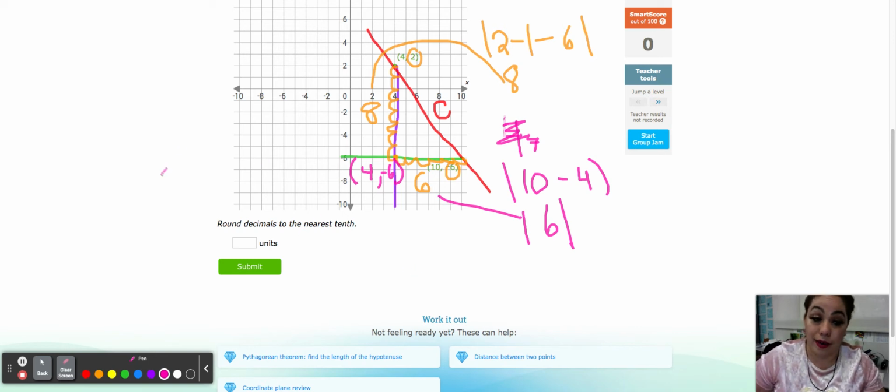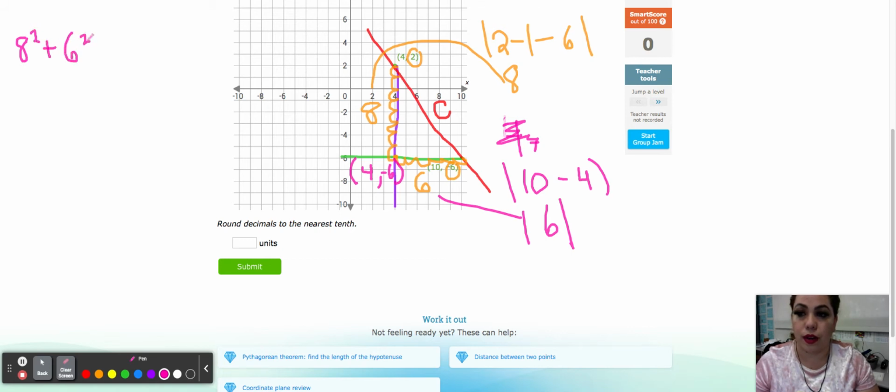All right, now we got the numbers. So we got the numbers on this side for A and on this side for B. So now we're going to find the hypotenuse. So 8 squared plus 6 squared equals C squared. Again, how did I get this?